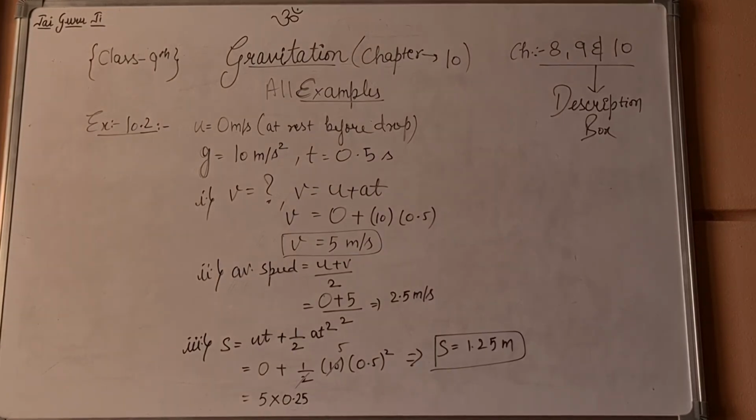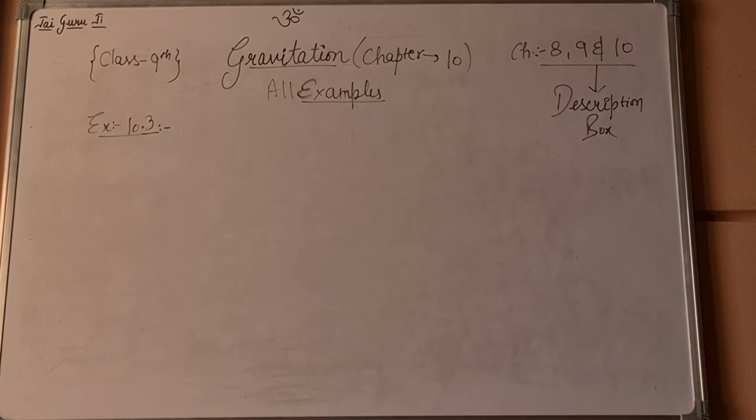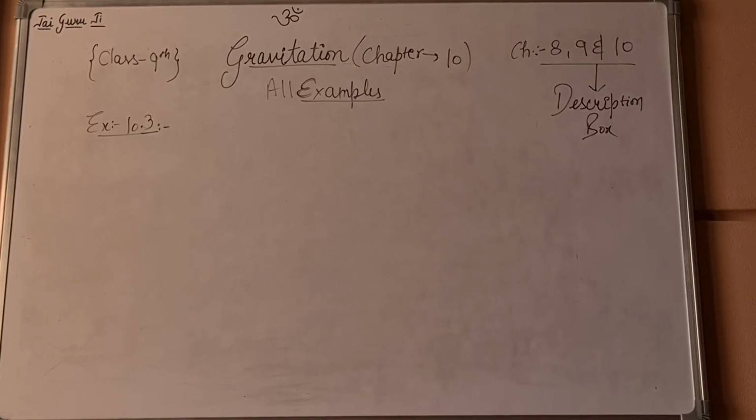Now example number 10.3. An object is thrown vertically upwards and rises to a height of 10 meter. So the downward force is gravitational force. So the object is thrown upwards, so g is equal to minus 9.8 meter per second square, because the direction is opposite to the gravitational force.